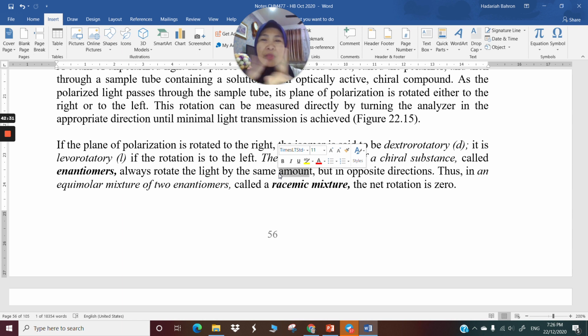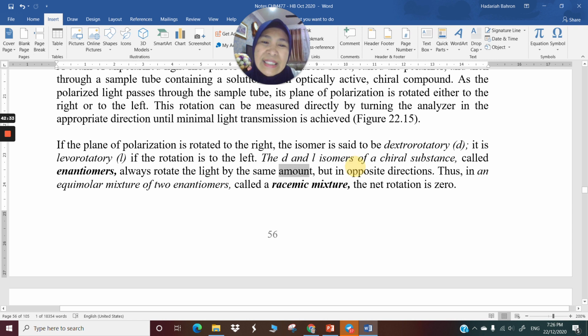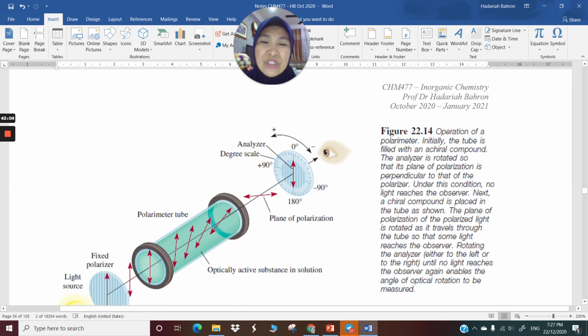So you have the same degree of rotation by D and L. When you mix the same amount of D and L isomer in one solution, you do not see any rotation, because anything that's rotated to the right will be rotated back to the left by the same magnitude. So the net rotation is 0. That mixture, with the same amount of D and L isomer, is called a racemic mixture.